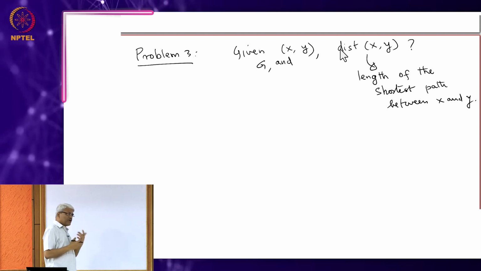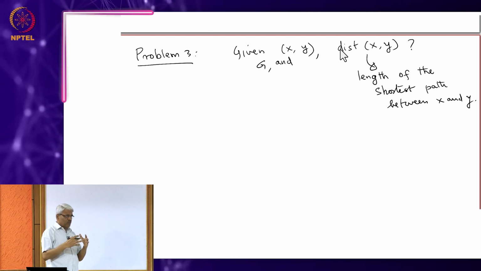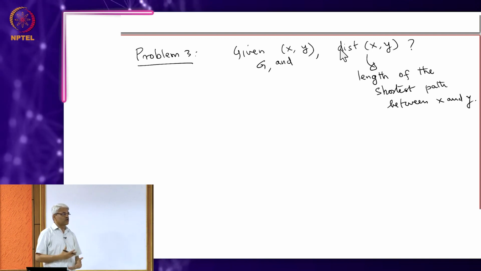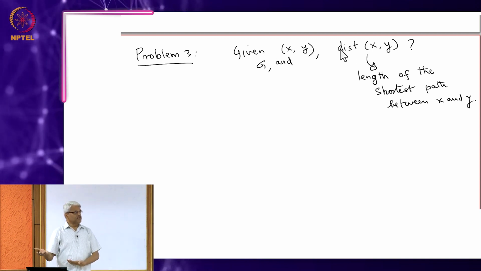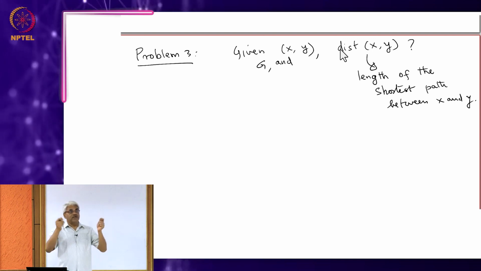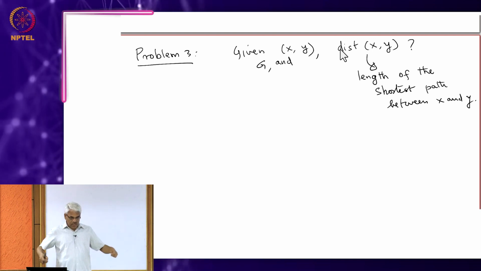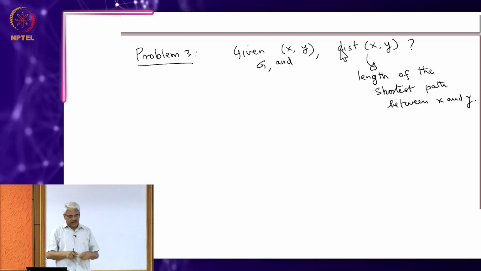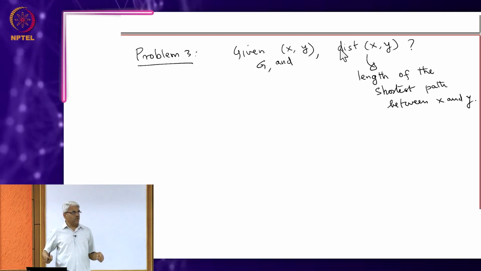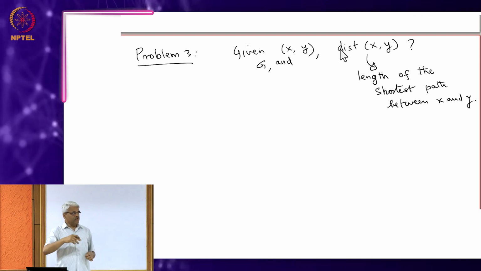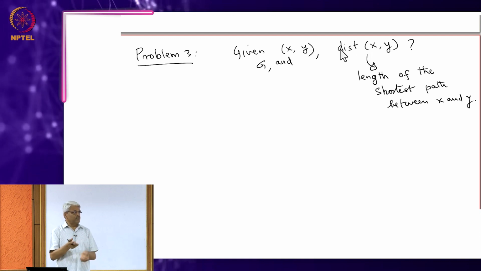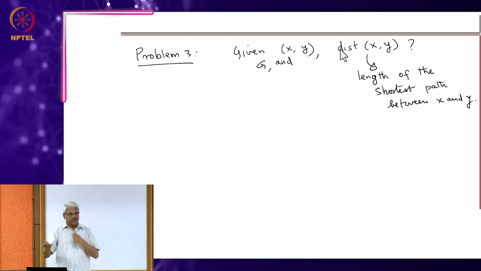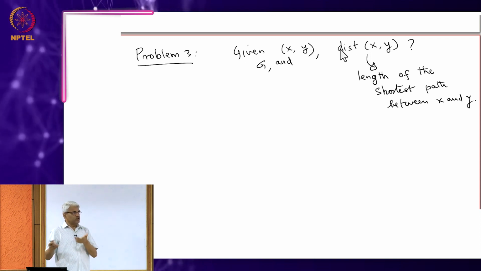So, if I remove one edge of the original graph and store a smaller subgraph, I may not be able to answer this. In particular, you do not know what x and y are, and suppose you have removed an edge of the shortest path between x and y, then maybe the new shortest path will not be exactly the shortest path between x and y. There is a unique shortest path.